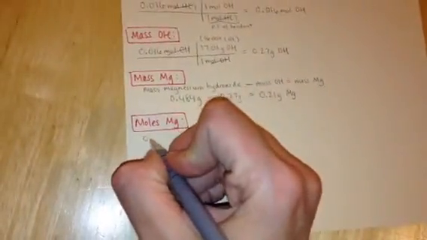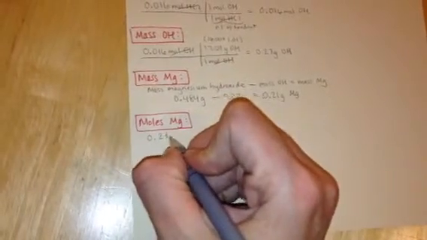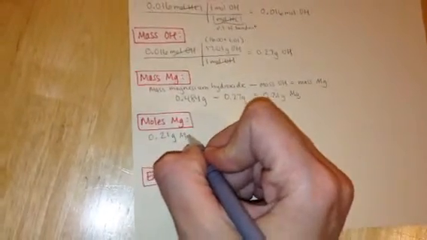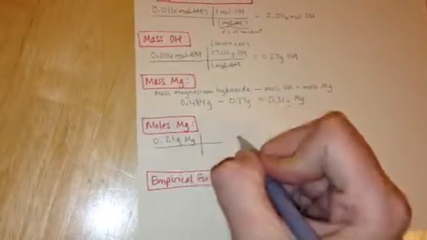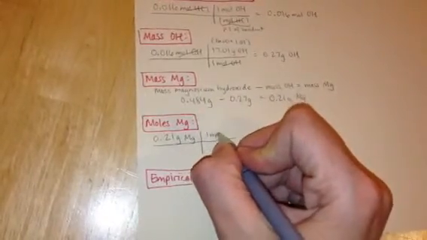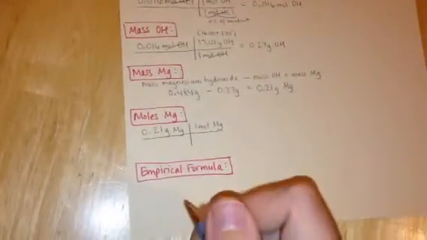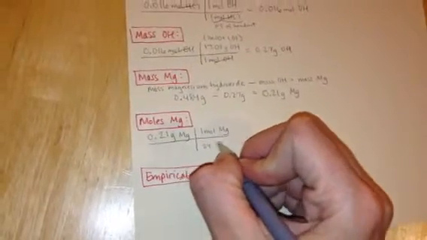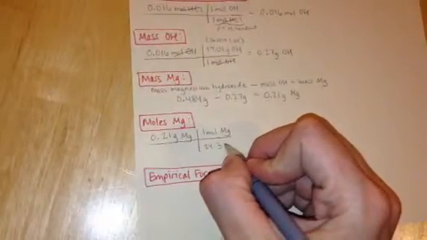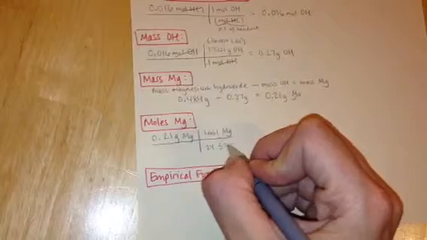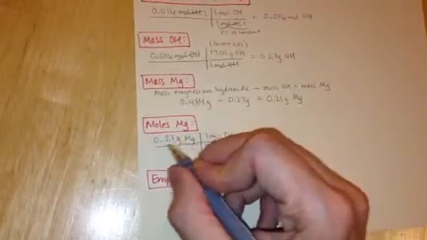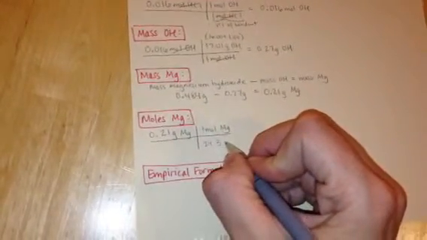Your moles of Mg comes from your mass of Mg. 0.21 grams of Mg. Do a little mole calculation. 1 mole of Mg is 24.31, I think. We'll just call it 24.3 because this only has 2 sig figs anyway.